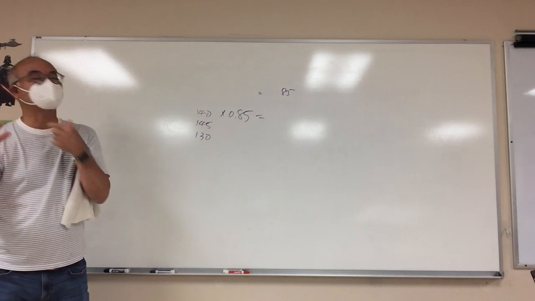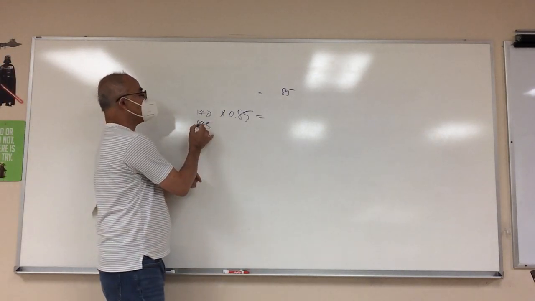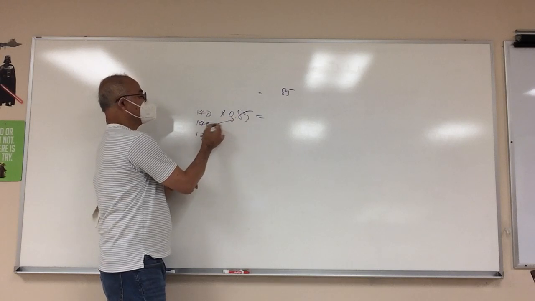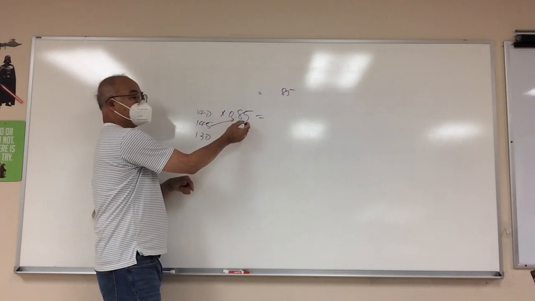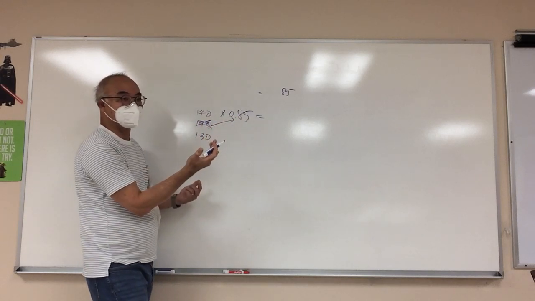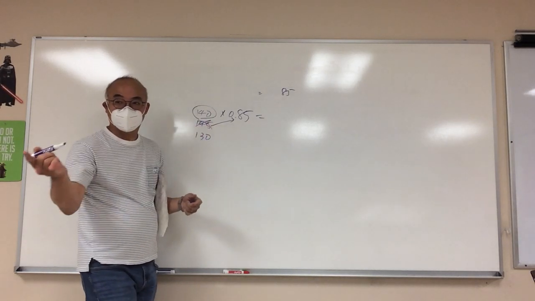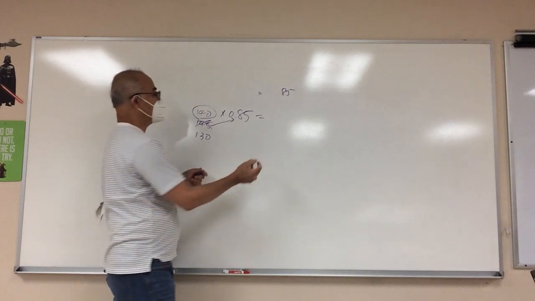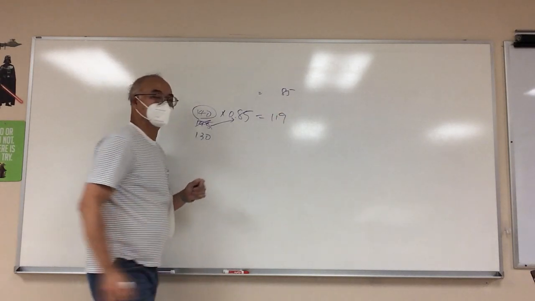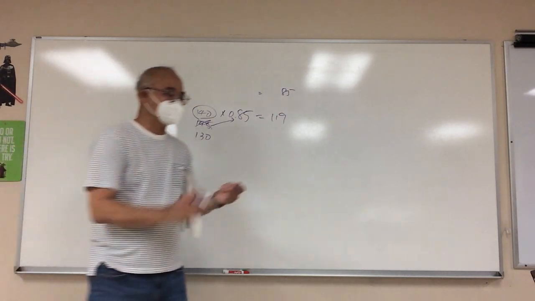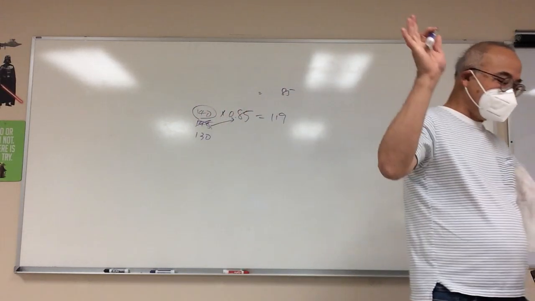So obviously when you do this, it's not going to work because you have 5 and you have the 0.85, so this is not the correct answer. And if you do this, what do I get? 119? Okay, so that's the answer. My bad.